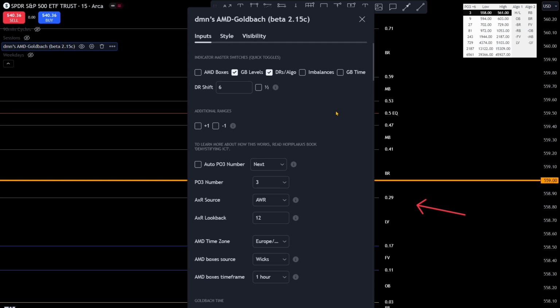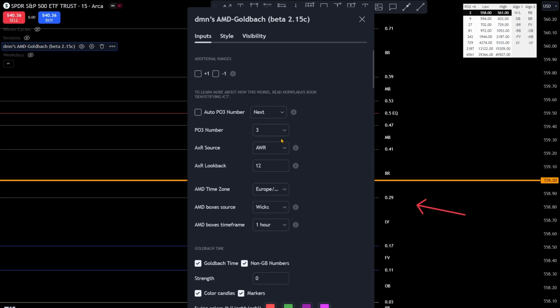You do not have to come in and be confused on where price might go. You can mark all of the relevant levels, high and low, and turn the dealing ranges off, trade to and from. Additional ranges, we talked on those. Turn off your auto PO3 number. You can do it manually with this menu here. All of these things you can keep standard for this part of the settings, okay?